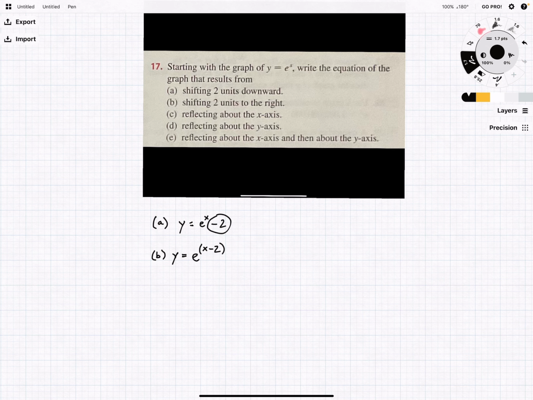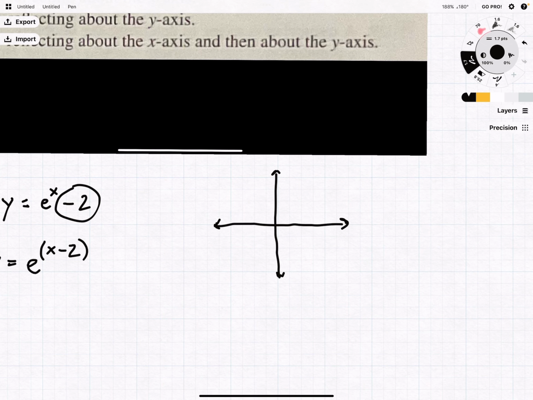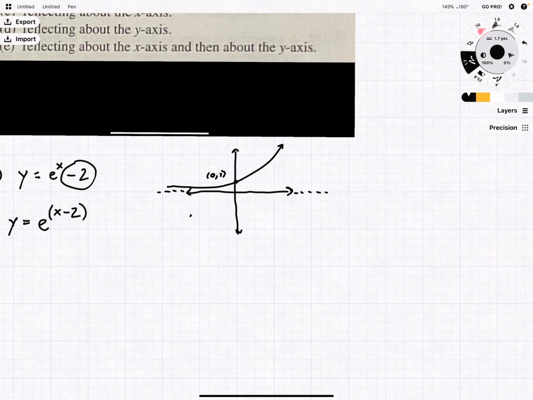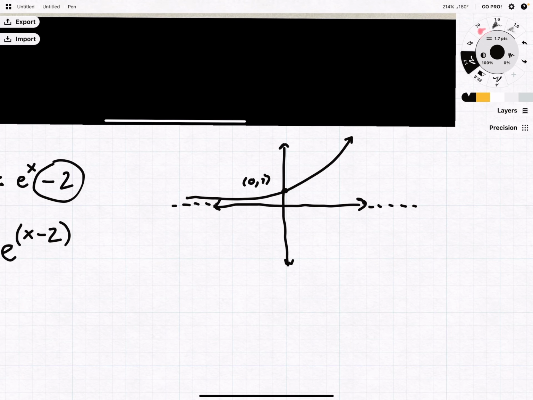And I'll show you why really quickly. I won't get into too many details here, but just a quick explanation in case you're wondering. So naturally, e to the x has the point 0, 1, and it has an asymptote at the line y equals 0. The graph takes some sort of shape like this. Okay, so how is it that we shift the graph over by 2 to the right when we have x minus 2 in parentheses?